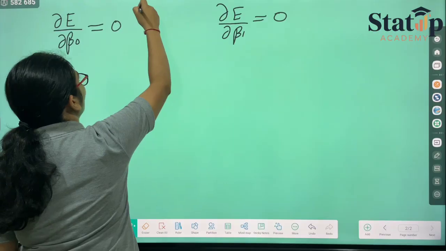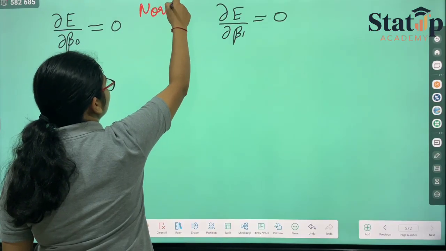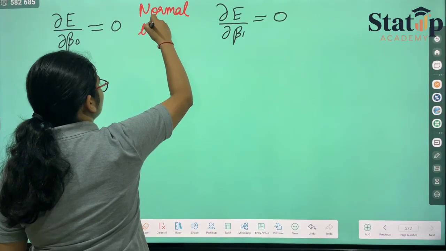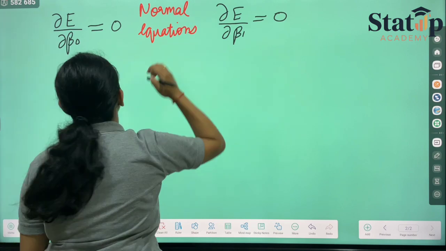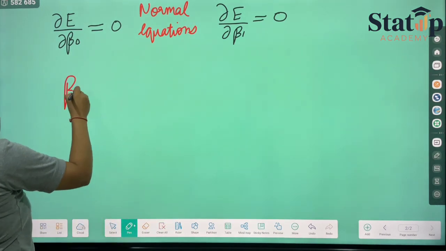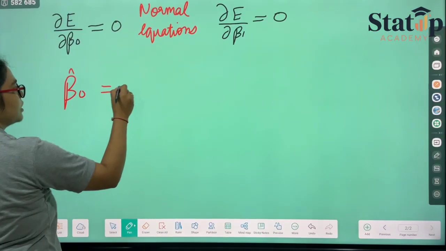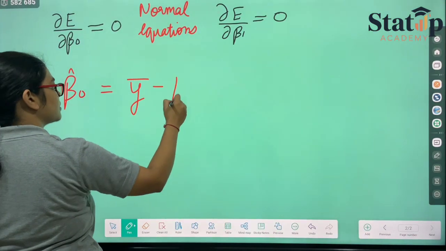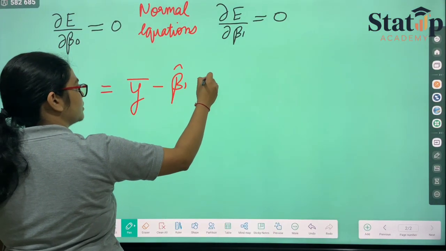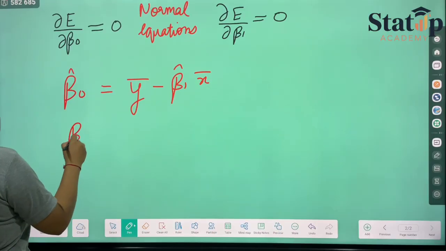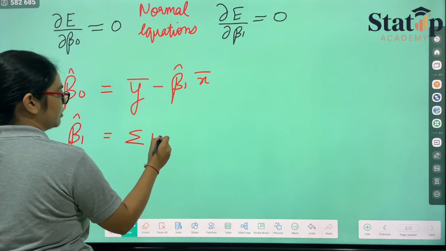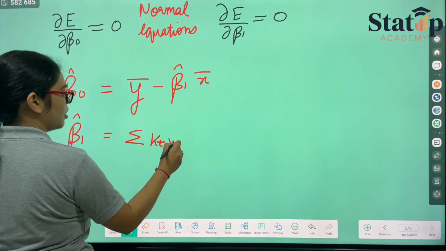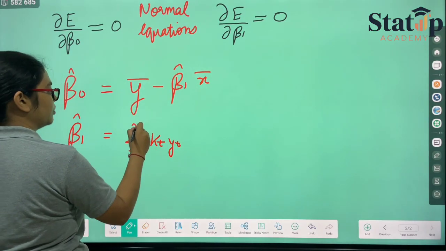These two are normal equations. And on solving these normal equations, we will get beta naught cap, which is nothing but y bar minus beta 1 cap x bar, and here we will get beta 1 cap, which is nothing but summation ki yt, where t goes from 1 to n.